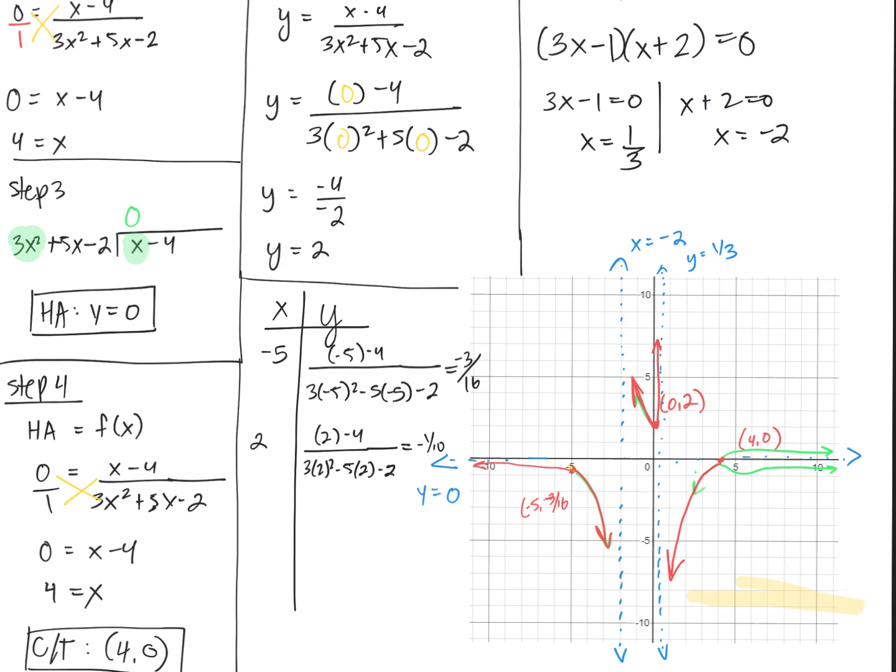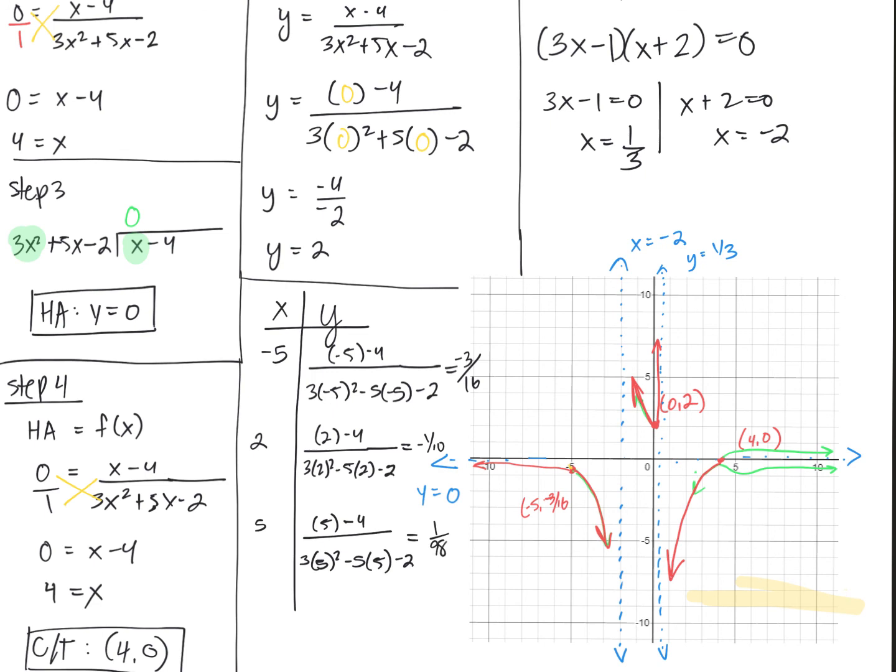Once again, we're going to use a test point. So picking something bigger than 4, let's pick 5. So plugging that into my equation, I'm going to try to figure out where my point is going to be. And what will I get this to come out to be? That comes out to be 1 over 98, which is a really strange number.